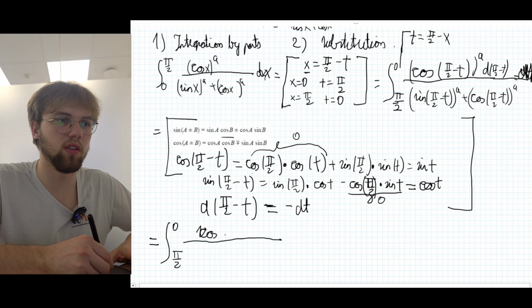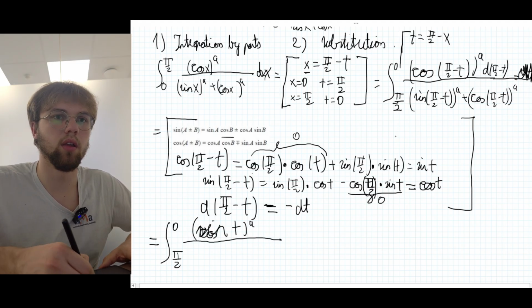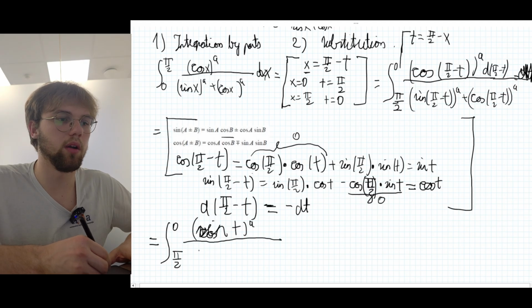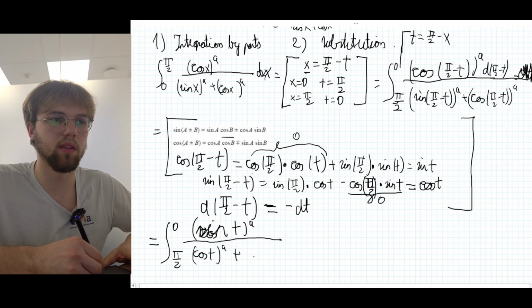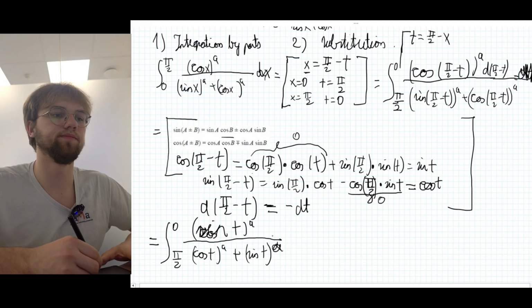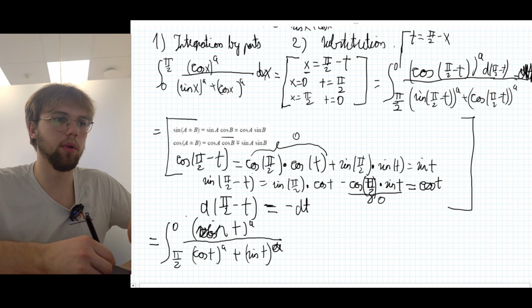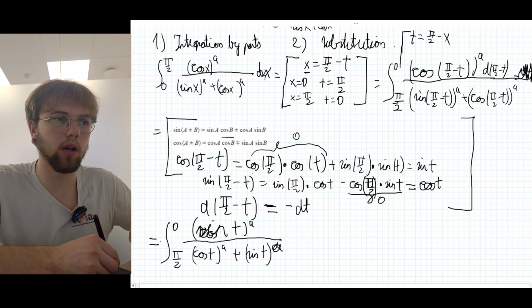So this is just sine t of a, and in the bottom we have cosine t a plus sine t a, but we have a minus, right? Because we got a minus.